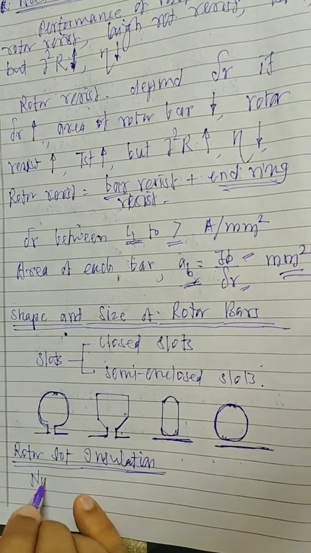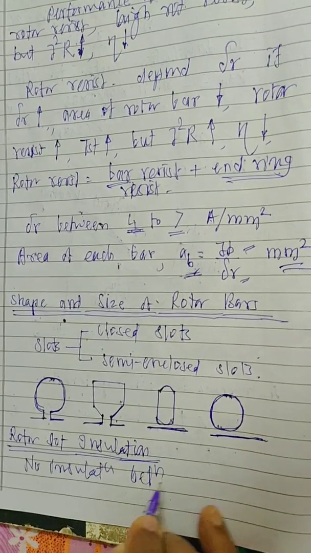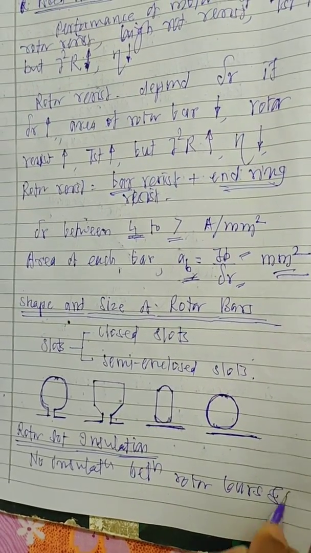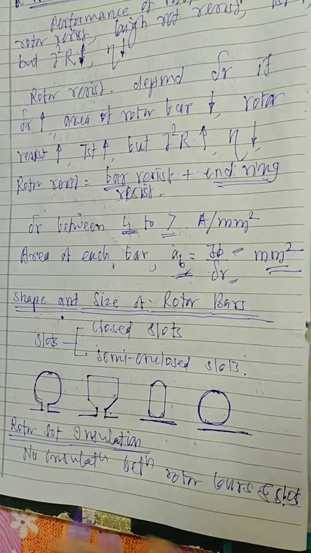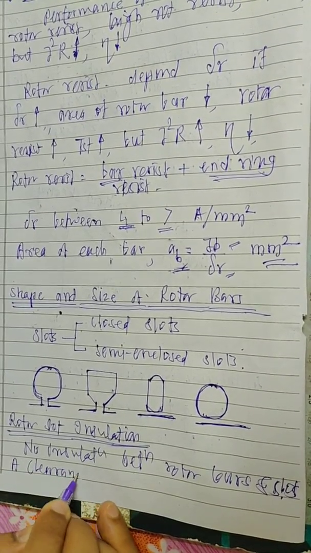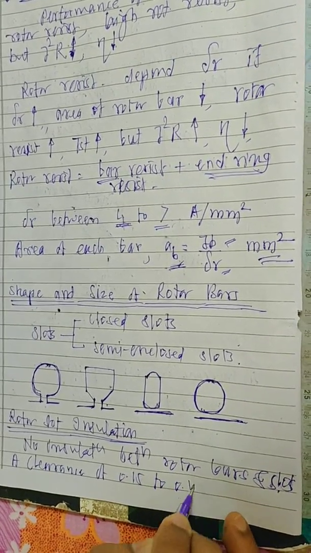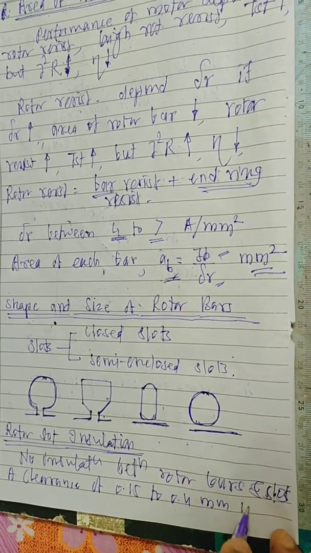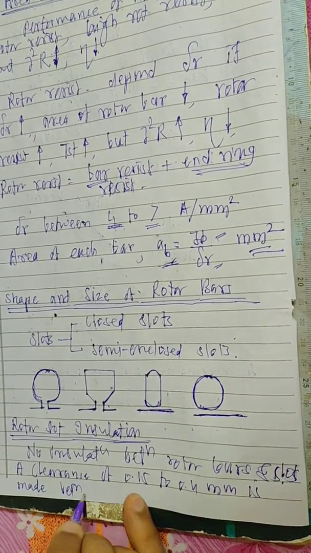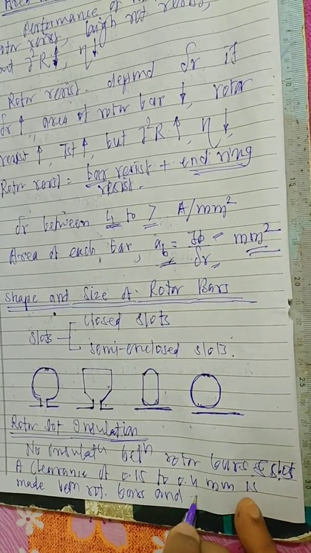So no insulation between rotor bars and slots. A clearance of 0.15 to 0.4 mm is made between rotor bars and the slot.